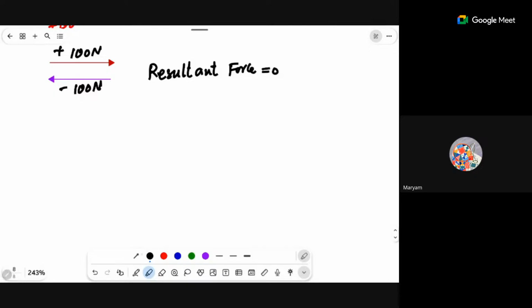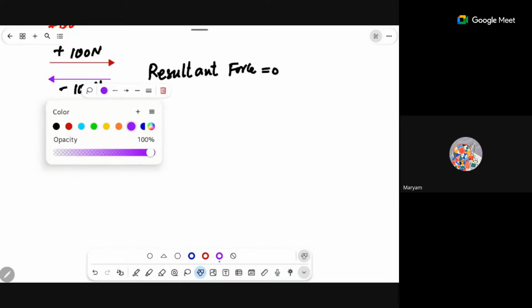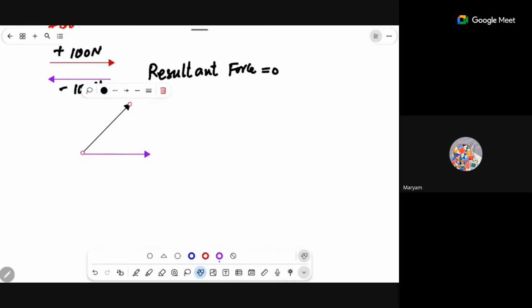In this way, if you have different vectors, like suppose I have a vector x in this direction, and then I have a vector y in this direction. These are two vectors, and let me change their color to make it clear. These two vectors are just applied at this position. This is x, this is y.